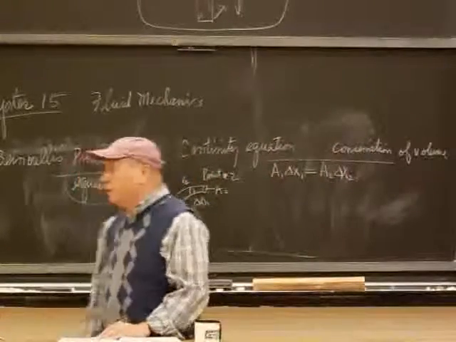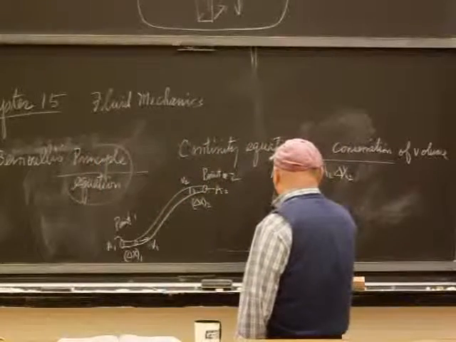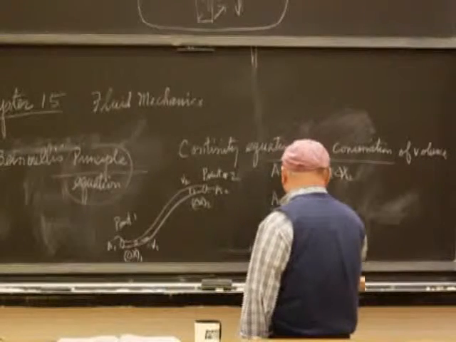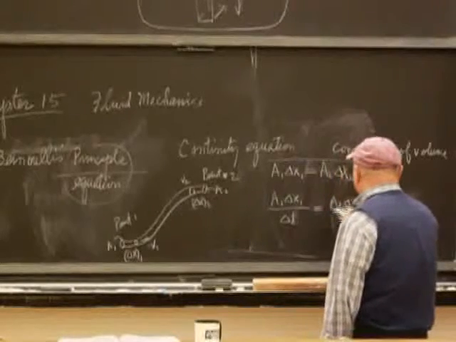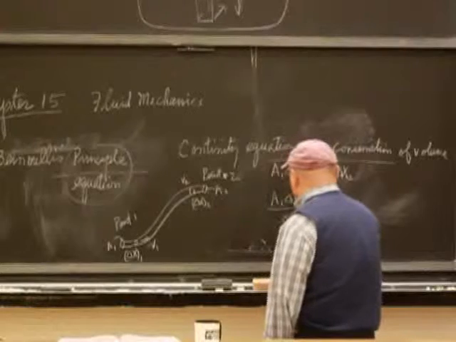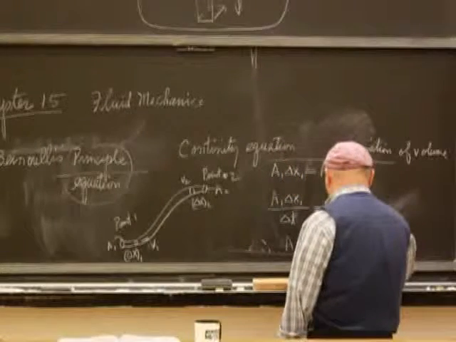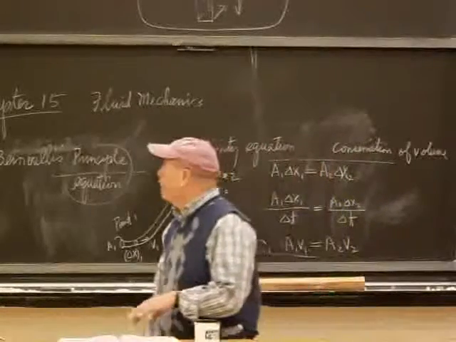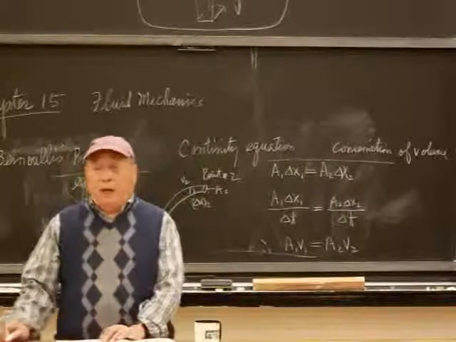Then we are assuming the velocity is transmitting, so we divide: A1 delta x1 divided by delta t equals A2 delta x2 divided by delta t. So what we have is A1 V1 equals A2 V2. This is a simple step, and what we get is very important.